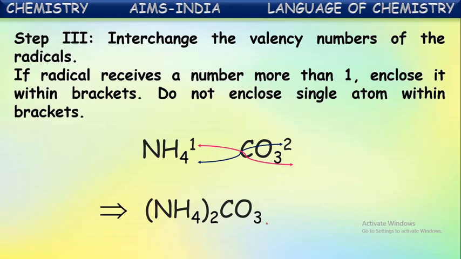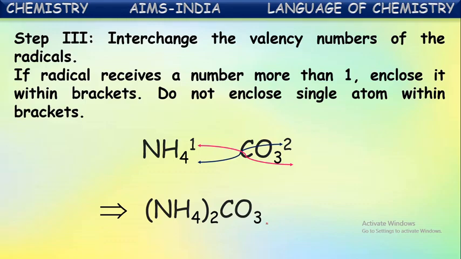This is the way we write the molecular formula of any compound. The simple steps are: first, we write the positive ion followed by the negative ion. In the second step, we eliminate the highest common factor from their valencies. After eliminating, we ignore the positive and negative symbols in their charges.